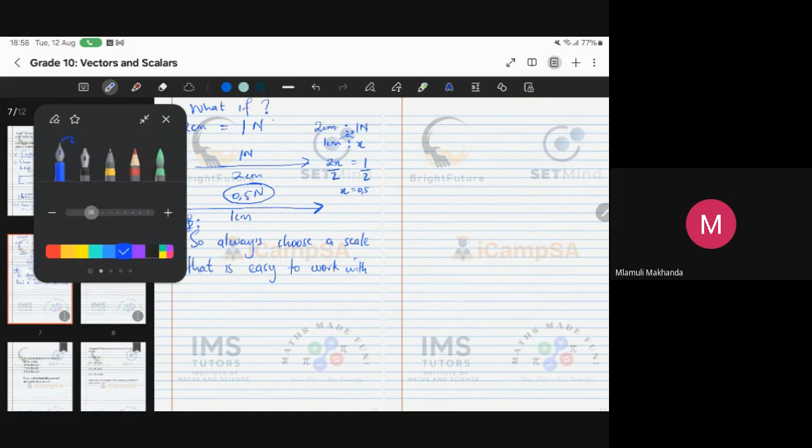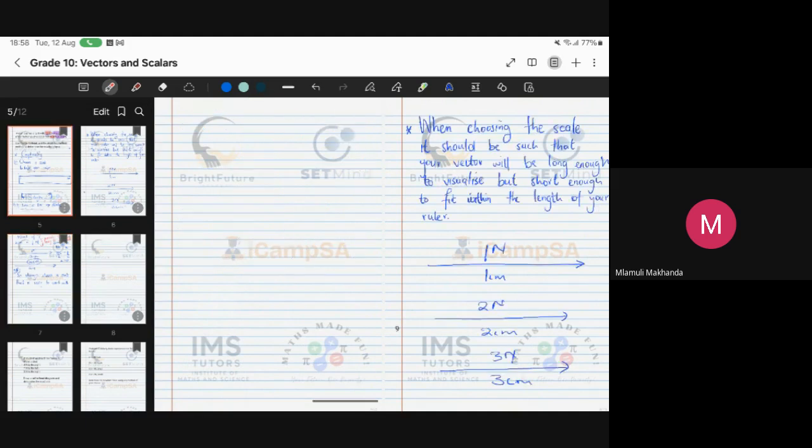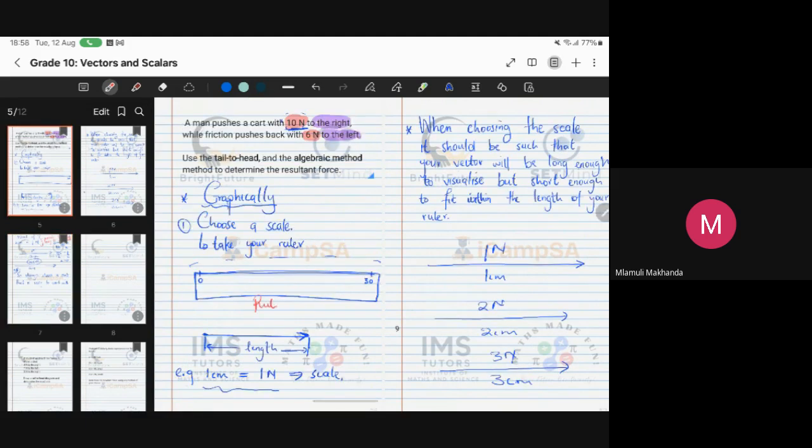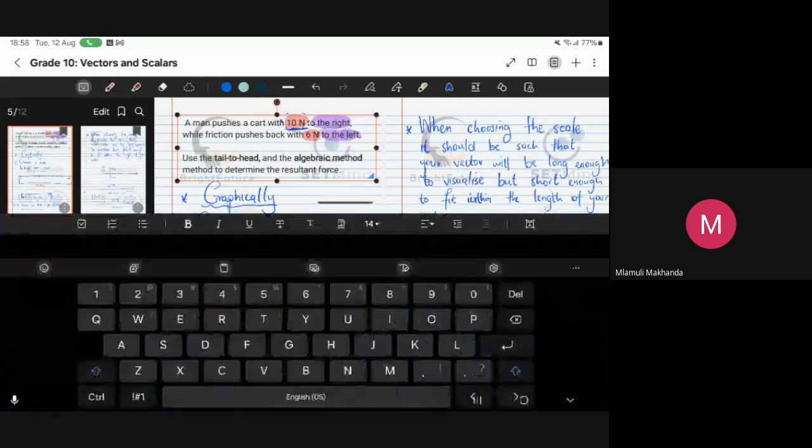This one is possible but not easy to work with. Right. So that's what you would do. This is your ruler, and we said it has all those measurements up until 30 centimeters. So for our problem, let's come back and get our problem.